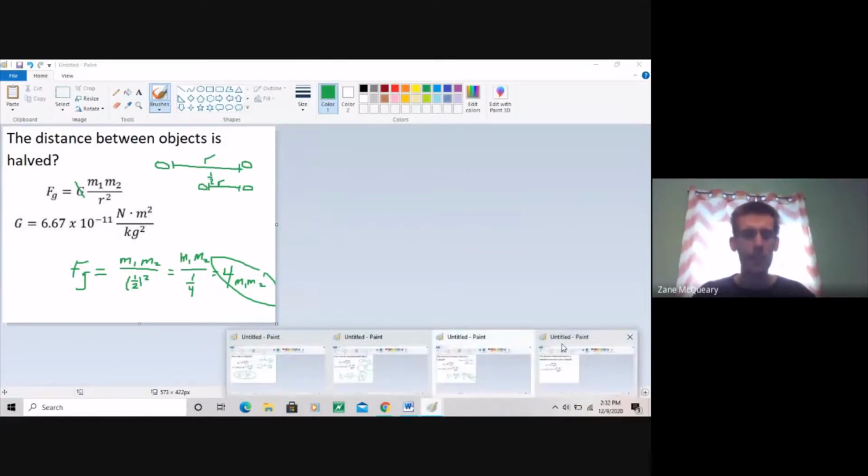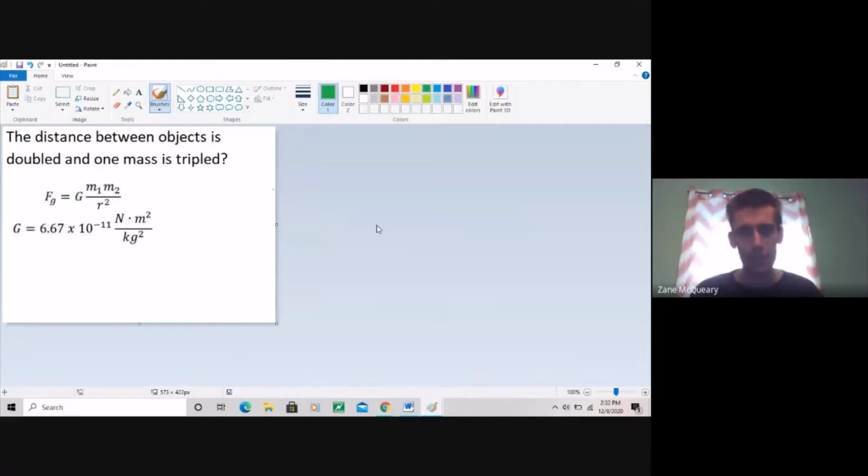Last but not least over here, we're going to give you a combination when your masses are changing and your distance between them are changing. So we have 2 objects over here with a distance between them, and a couple things happen. Number 1, the distance has increased quite a bit. It's doubled. So now our distance is a little larger, and one of the masses is tripled compared to what it used to be. So we'll be changing multiple things again in this.